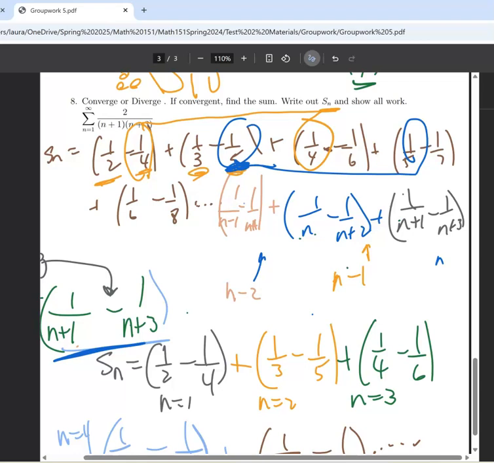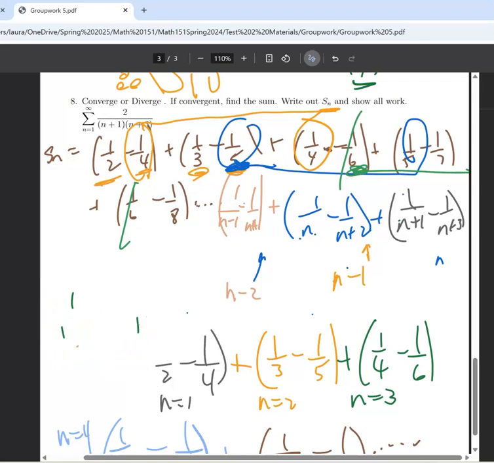Okay, let's look at this one. 1/6, last one in this group, skip a group, first one in this group. Oh, hopefully you got to see the idea of how it cancels. So let's remind ourselves of what we have left in the beginning. We have a 1/2 and a 1/3.